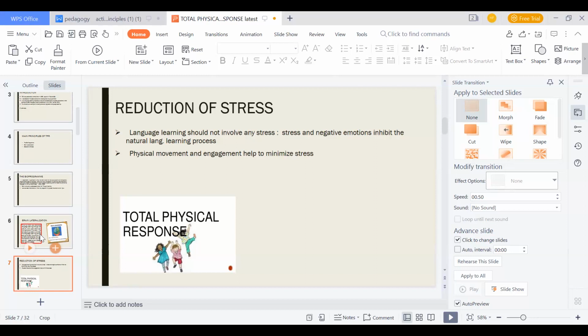When language learning is a stressful activity, it will not lead to effective language learning. So reduction of stress happens through physical movement, right? Because there's a safe zone before they speak, where they can respond to language through physical activities. So they are the underlying principles of TPR. This is applied in the TPR classroom to teach a second language.